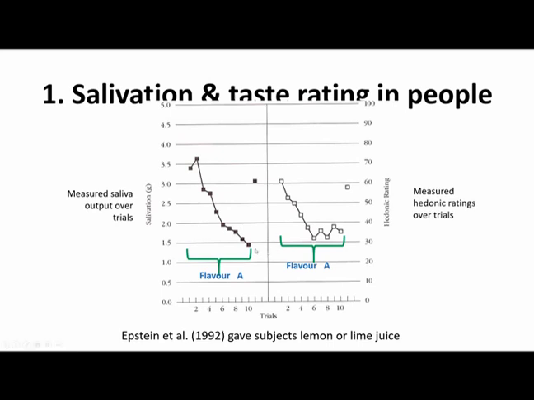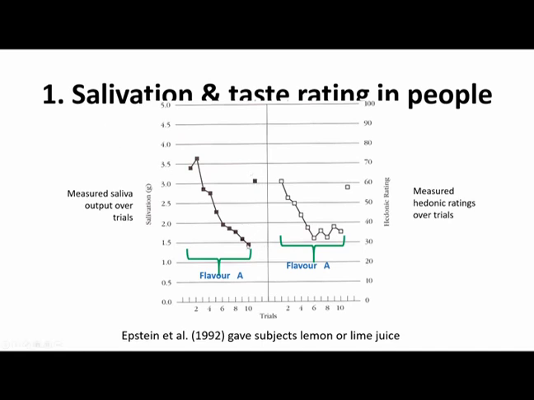Now the cool part here is that we see these dots standing off on their own. This is for an 11th trial, and this is where they did something slightly different. If flavor A was, as I said in my example, a lemon juice, then for this 11th trial, they would use flavor B, the lime juice.